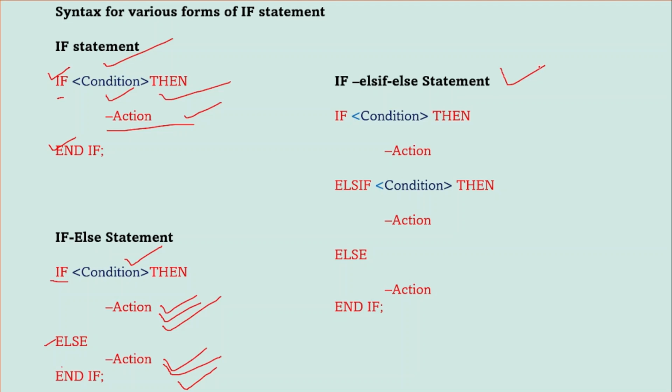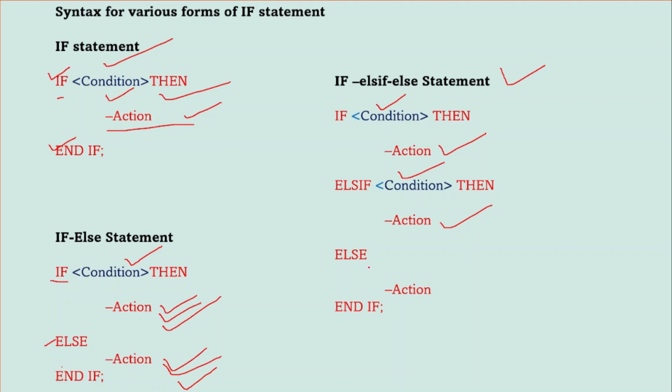So such kind of conditions can be translated in the form of a PL/SQL block with the help of if else if statement. This is condition 1. Based on that, there will be an action. Condition 2, then action. Similarly, we can have n number of conditions and actions.